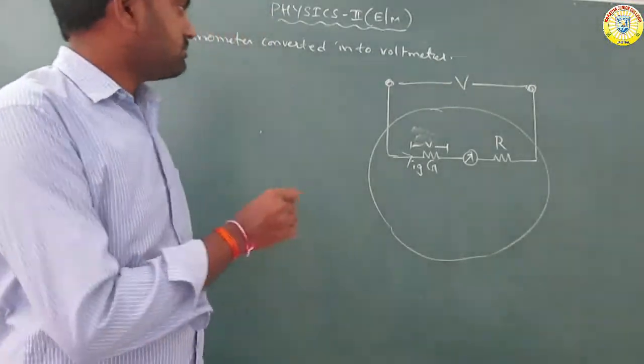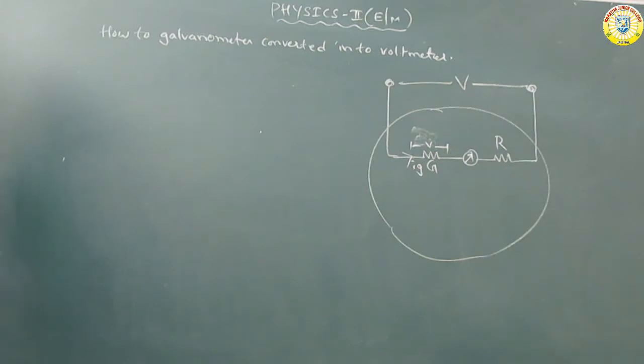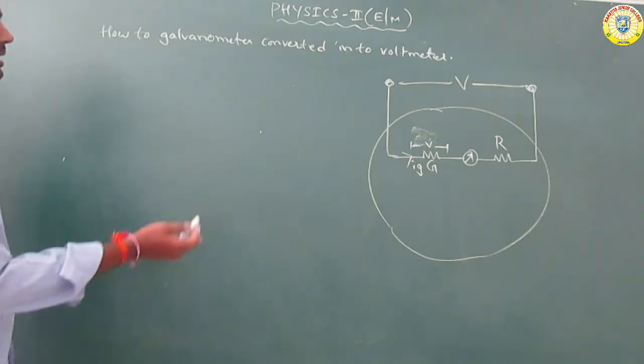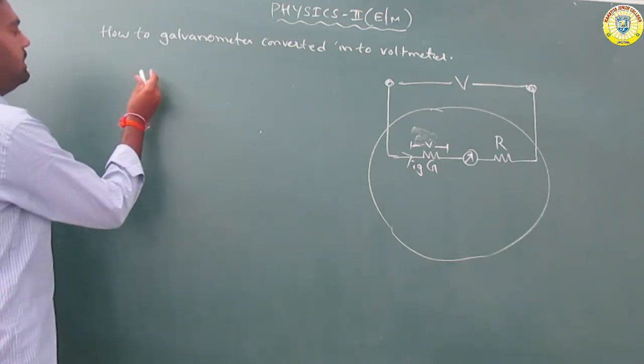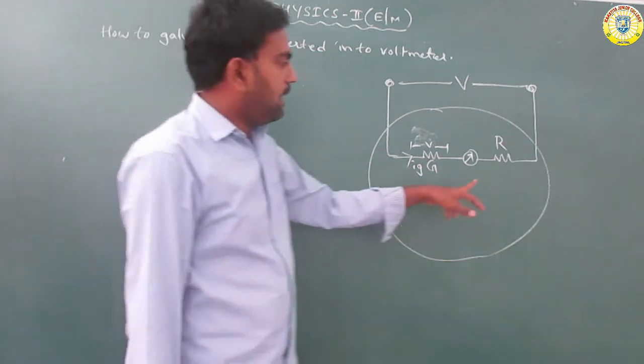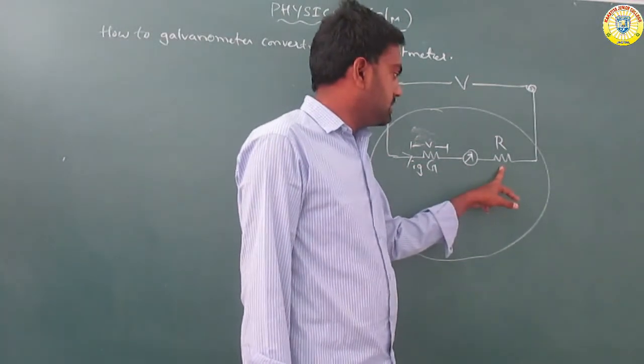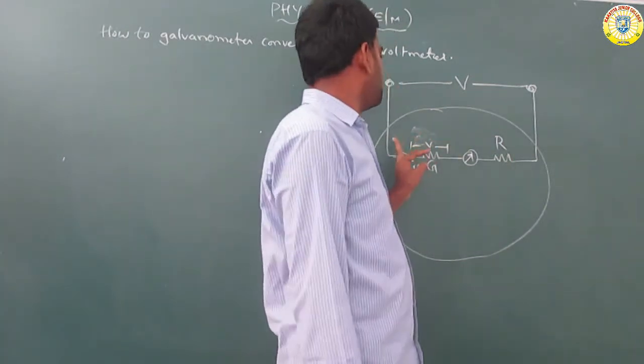Okay, got it. Now here is the total current in the circuit. A high resistance is connected in series to convert it to the voltmeter.